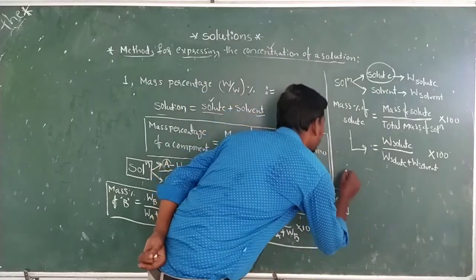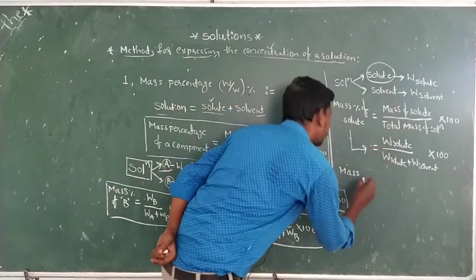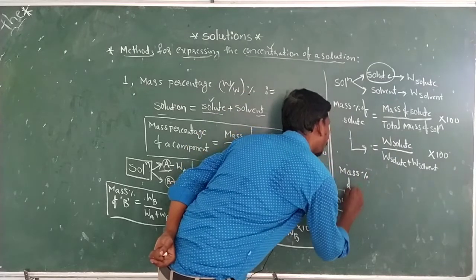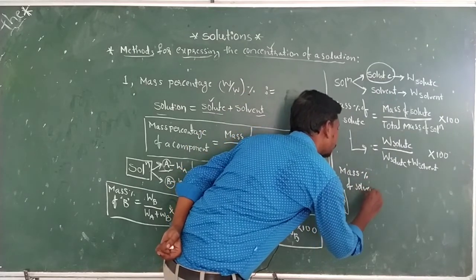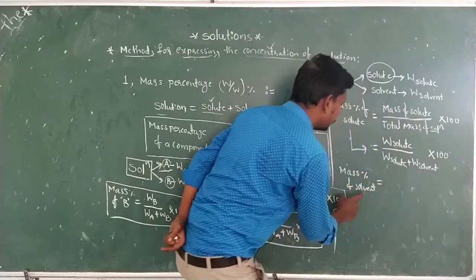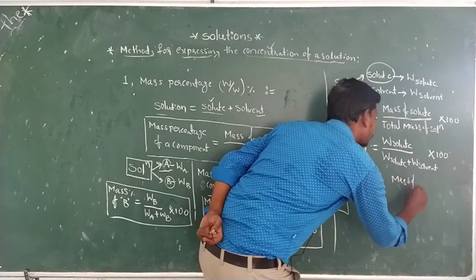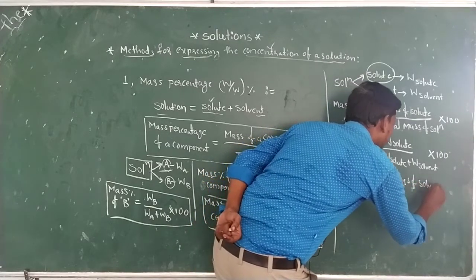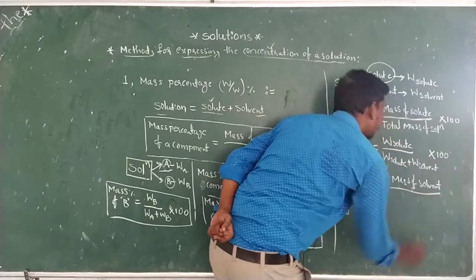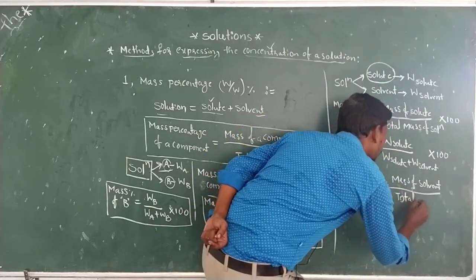In the same manner we can calculate the mass percentage of the solvent also. Mass percentage of the solvent is equal to mass of solvent by total mass of the solution.